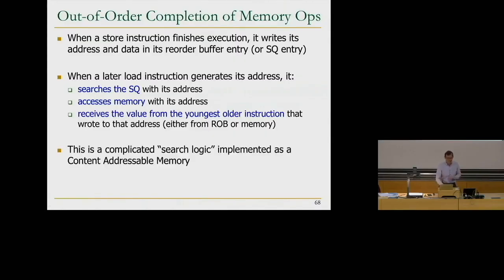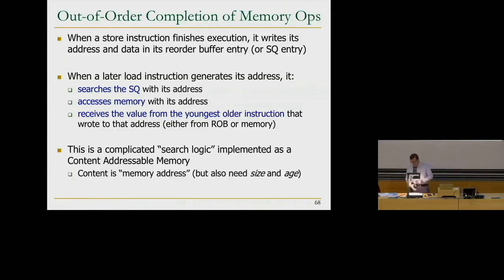So to be able to do this, you need a complicated search logic. And this is actually, remember the content addressable memory that I introduced in the previous lecture? This is the worst content addressable memory that you have to enable out-of-order execution of loads and stores. So content is really memory address, but you also need other stuff, like the size, like the age also.